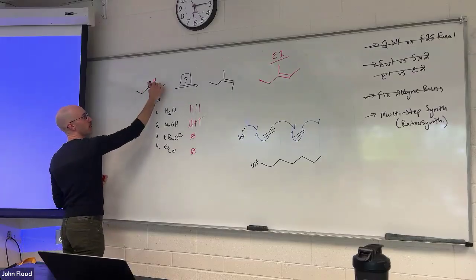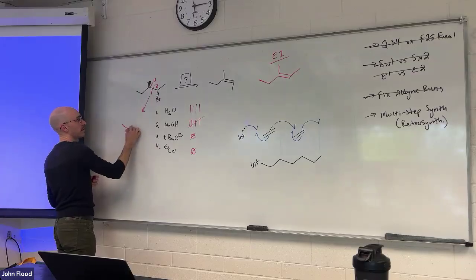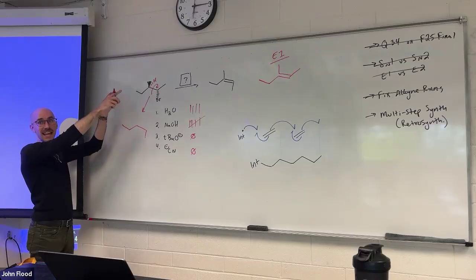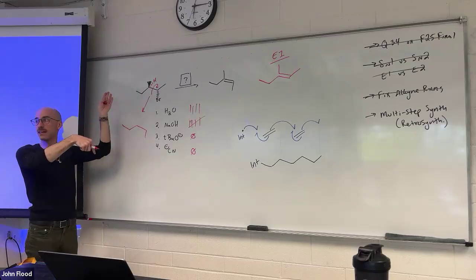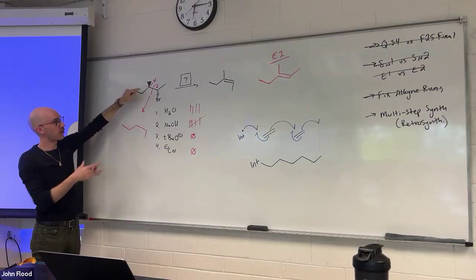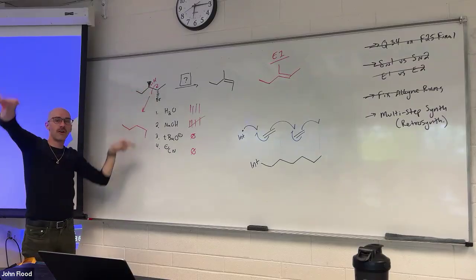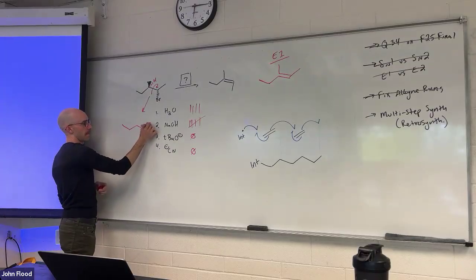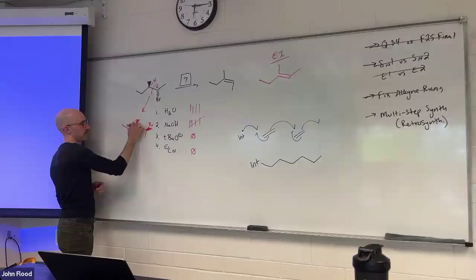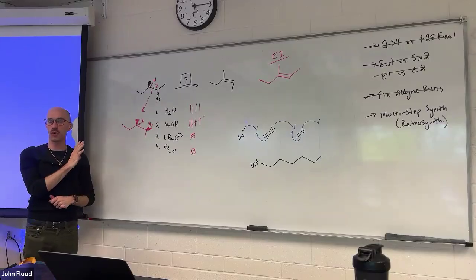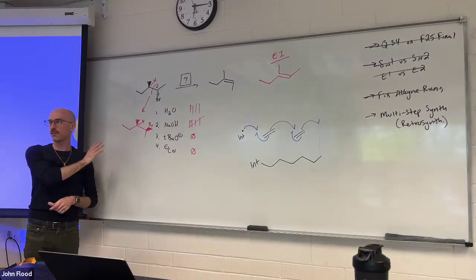So if it rotates around the sigma bond, remember how we go from zigzag to zig-zig? The perception of this group from away now comes towards us. And now that beta hydrogen is anti to the leaving group. And so the alkene forms in this configuration.